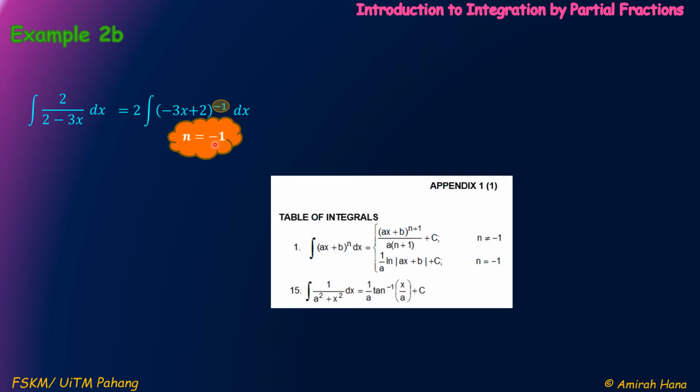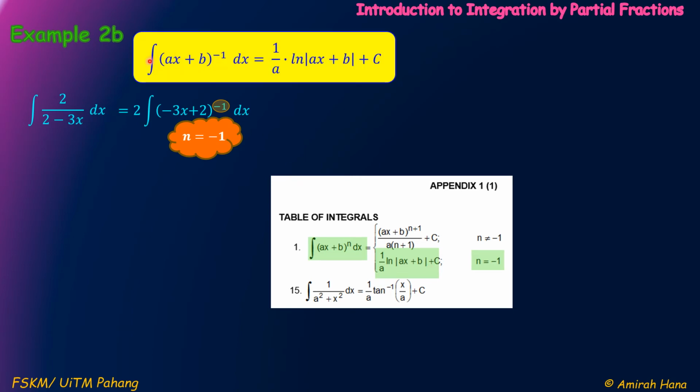From the table of integrals in the appendix, if we want to integrate (ax plus b) to the power of n dx, when n equals -1, the answer equals 1 over a ln modulus ax plus b plus c.